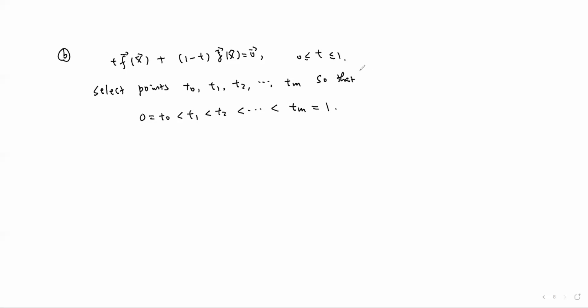Cut the interval 0 to 1 by introducing some points between 0 and 1. Then this equation 2, recall that I call this equation 2, has m plus 1 equations. When we plug in t0 for t, t0 is 0, so that is the first equation.